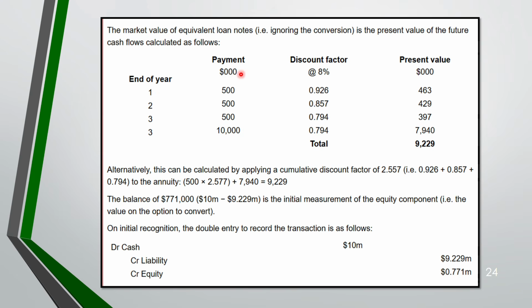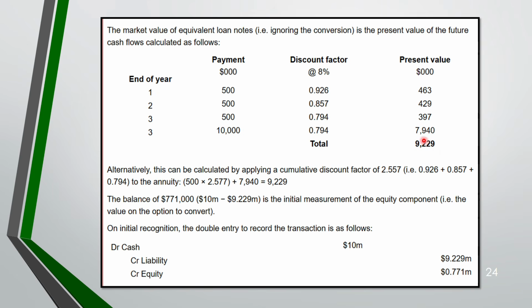So I would also suggest that this is most of the easiest and the wisest way to handle questions where you have big numbers like millions and all, trillions, millions, right? So you see, they have taken 500 for 3 years, then 10 million, discount factor is 8% because this is the rate without the conversion, got the present value, and we have got some 922 8500.